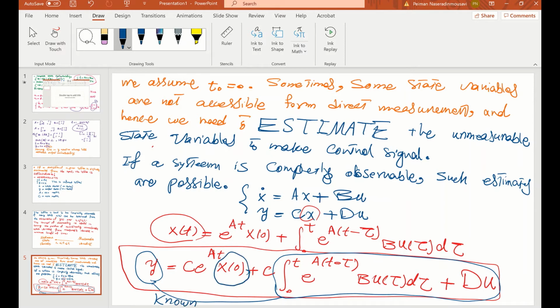The state variable is unknown, so we want to estimate this. Okay, in observability. Understand? These are unknown states that we want to estimate. Okay.